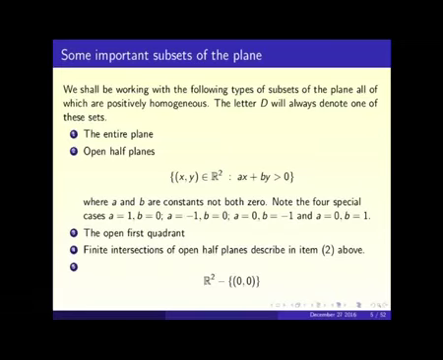So these are the kinds of domains that we are going to be looking at. Mostly R2 minus the origin, R2, the whole plane minus the origin, a half plane, a quadrant. So such domains we are going to be looking at. They are all homogeneous or positively homogeneous.